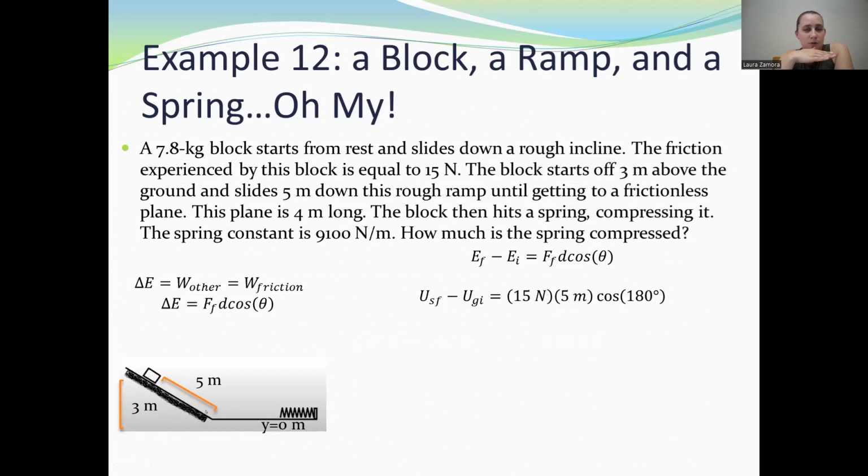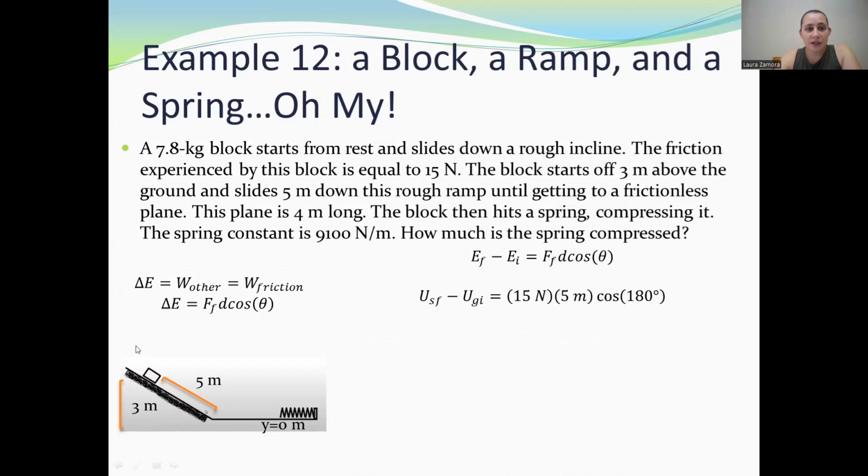So there's no gravitational potential energy to consider. And if we want to know its maximum compression, that will happen when it stops moving. It's compressed as much as it can and it will stop moving. So our kinetic energy at the end is 0. That's why the only form of energy we have as final energy is the spring energy.